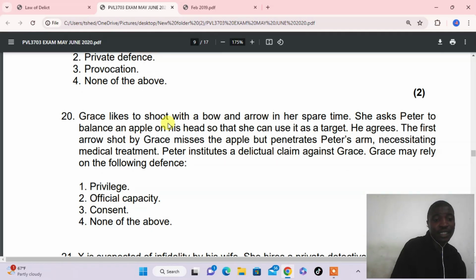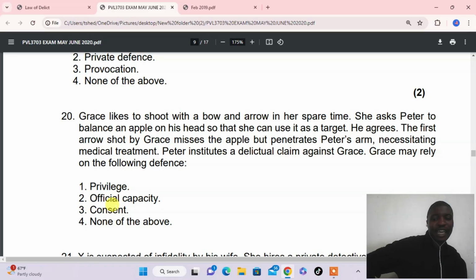And then, this one we have not talked too much about, but we have talked about the fact that you cannot consent to injuries and all those things.